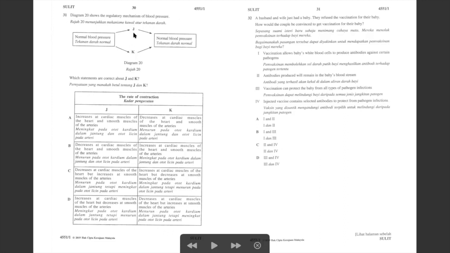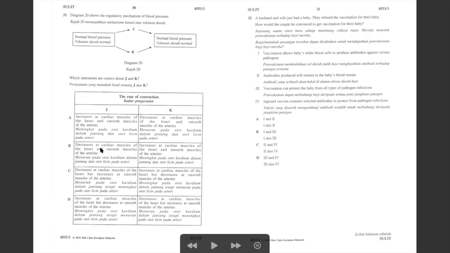So, bila J berlaku, we have to do something to make sure it become normal again. So, bila kita ada higher blood pressure, apa yang body kita akan buat? Okay, jawapan dia adalah B. Okay, so bila kita ada higher blood pressure, our body will decrease the cardiac muscle of the heart and smooth muscle of the artery.